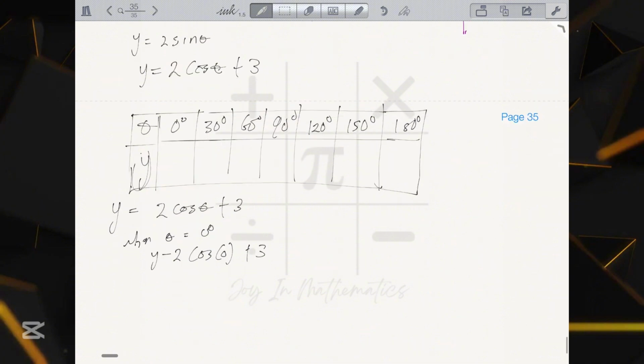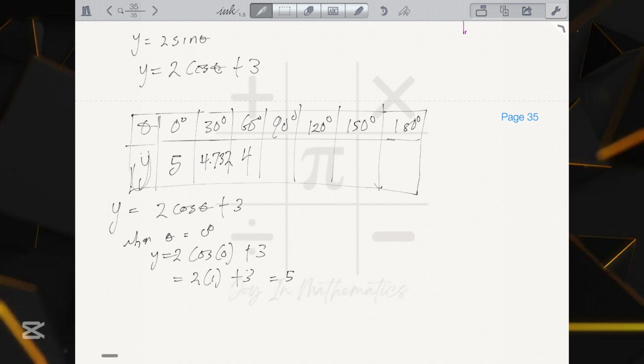So cos 0, as we have found out, is equal to 1. So this is 2 into 1 plus 3, which is 2 plus 3, which is 5. So we have y equals 5. If we do the same thing here, we can skip this whole process and use our calculator directly. So we say 2 cos 30, and the answer is added to 3, and we will have 4.732.